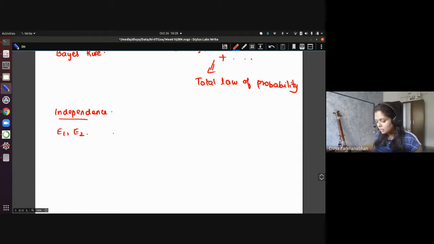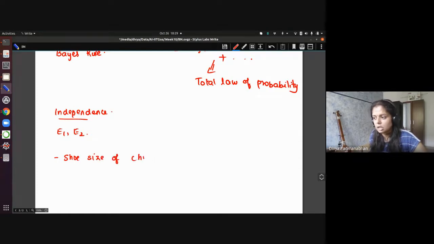So let's just look at this example. Let's say you go to a school, maybe a high school, a school with all classes. There are all these children there and you measure the shoe size of children.